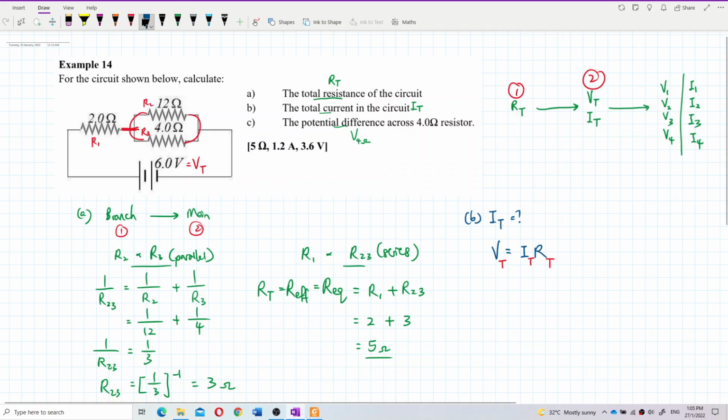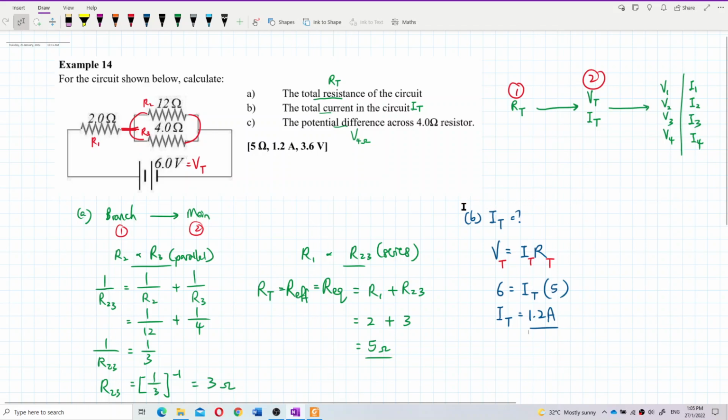The total voltage is 6 volt, the total resistance is 5 ohm, so my total current is 6 divided by 5, which is 1.2 ampere. That's the current.